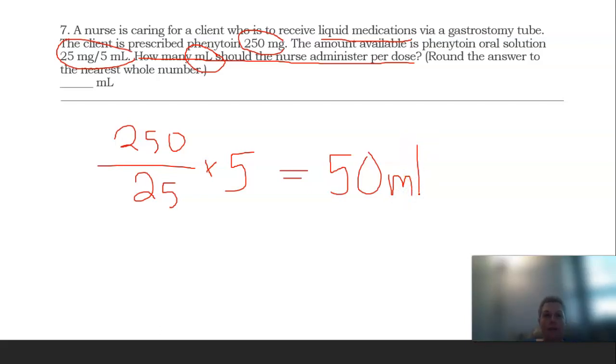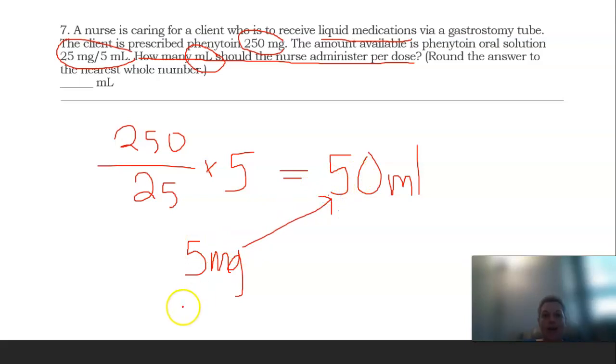But if I wanted to play devil's advocate, I could also say 25 divided by 5. 5 times 5 is 25, right? So if every milliliter equals 5 milligrams, can't I do math here and times those two?